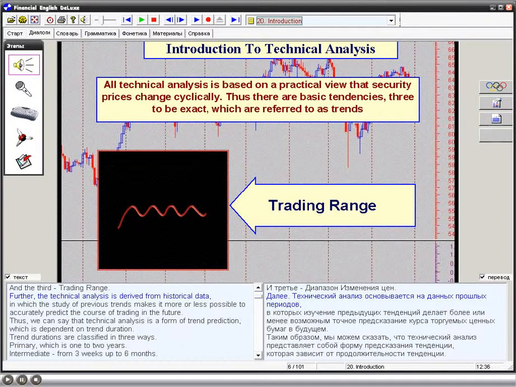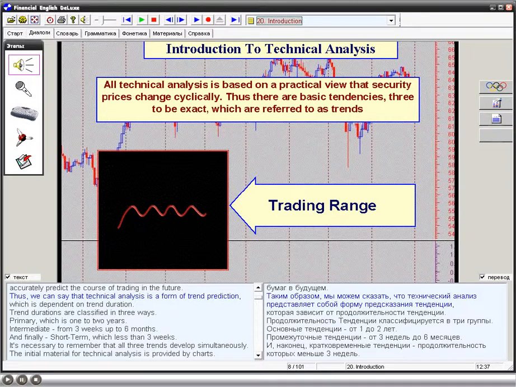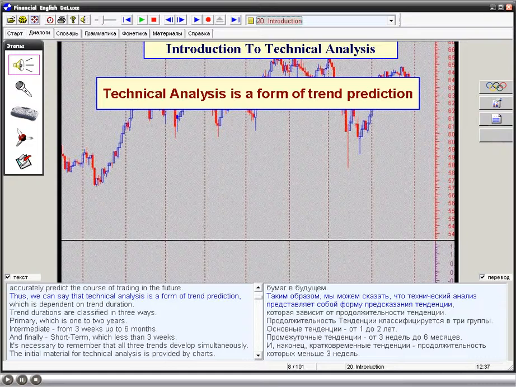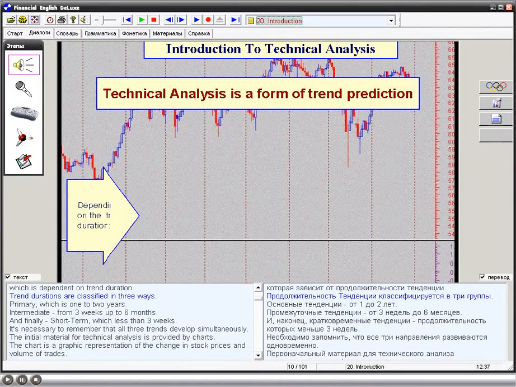Further, the technical analysis is derived from historical data, in which the study of previous trends makes it more or less possible to accurately predict the course of trading in the future. Thus we can say that technical analysis is a form of trend prediction, which is dependent on trend duration.